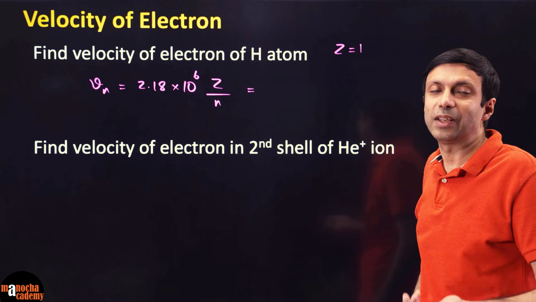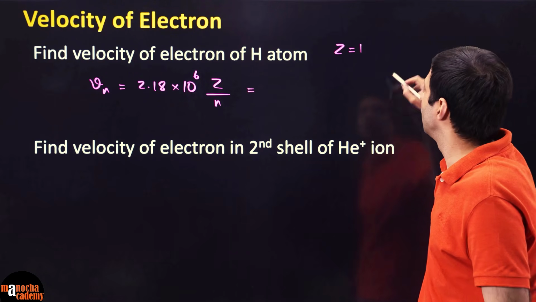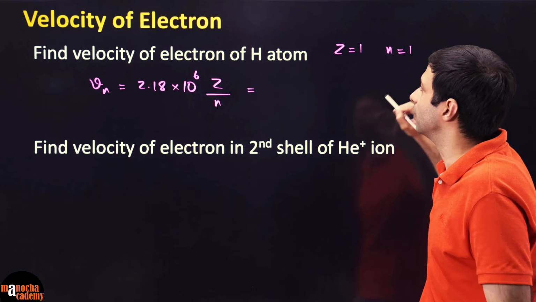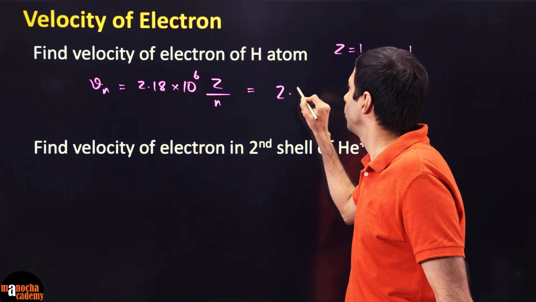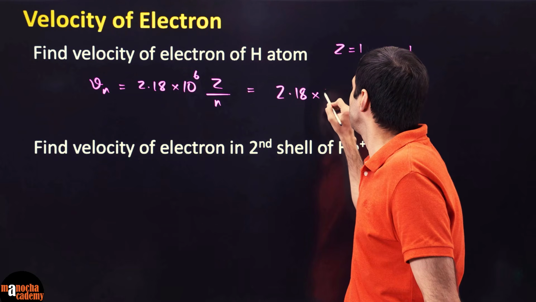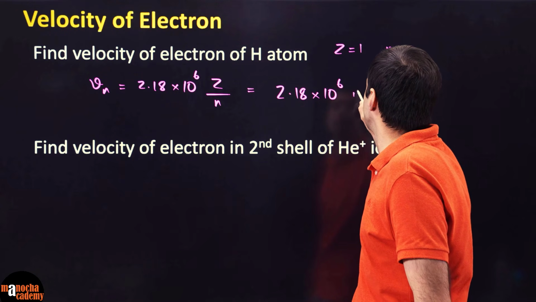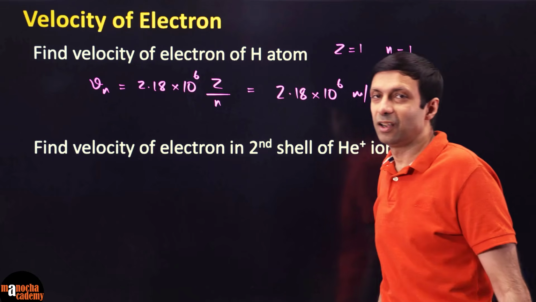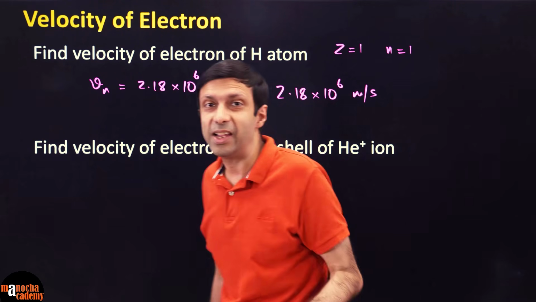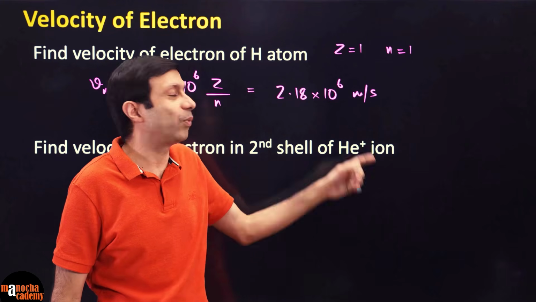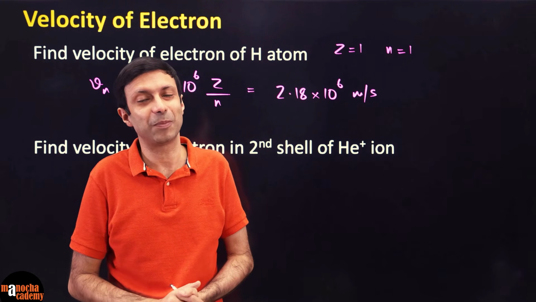And if you are talking about the electron, which is in the first shell, we are going to substitute N equal to 1. So simply these will be 1. So obviously we are left with 2.18 times 10 to the power 6 meter per second. So the electron in the first shell is going at a pretty high velocity of 2.18 times 10 to the power 6 meter per second.